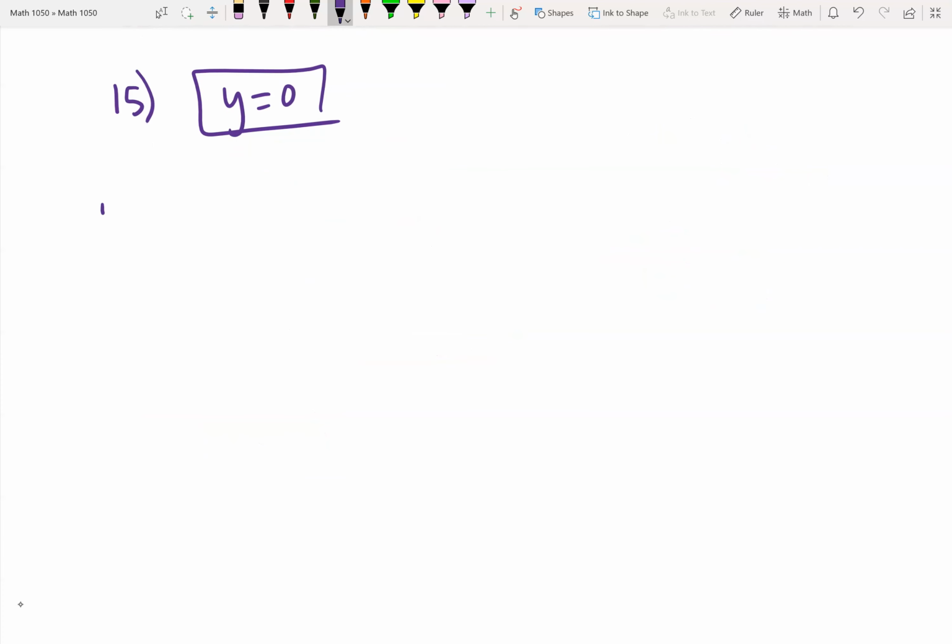Okay, question 16. It's 17 that my students really struggled with last semester. So if x is 1, you've got this piecewise function here.